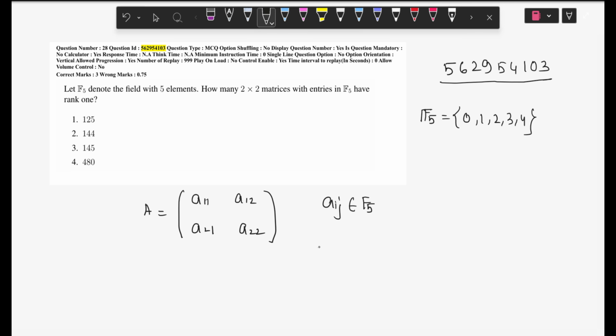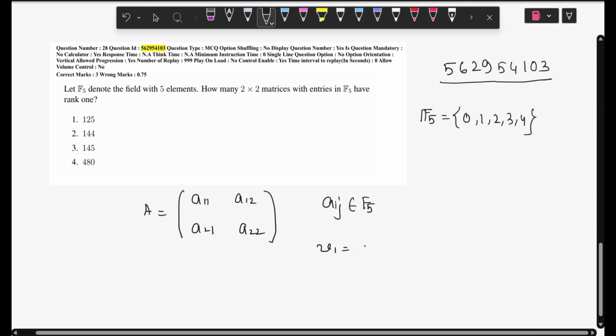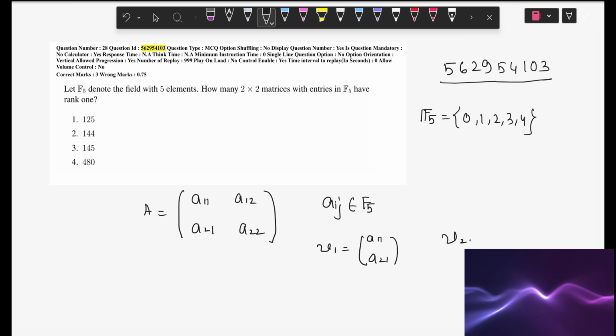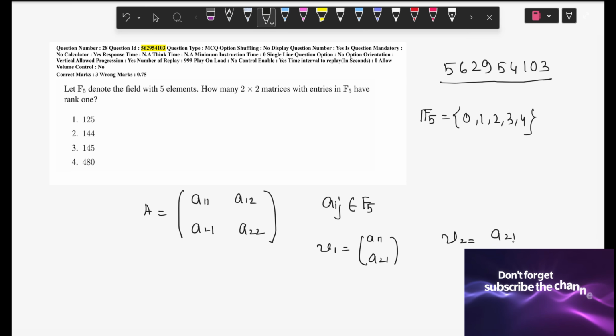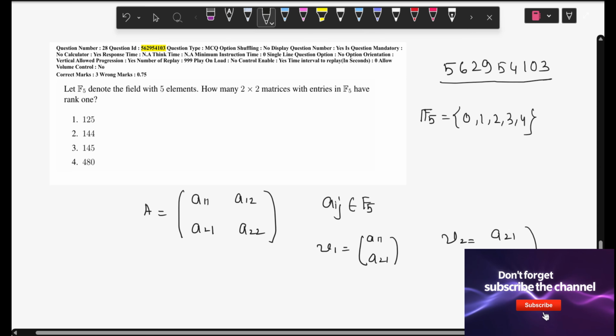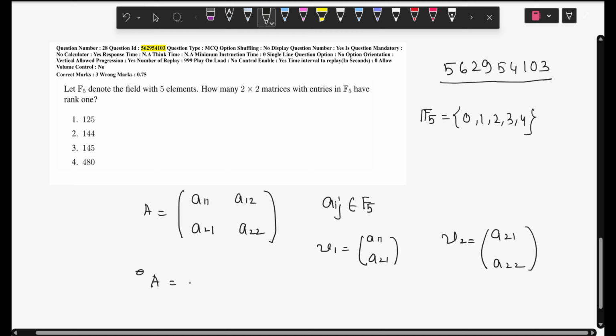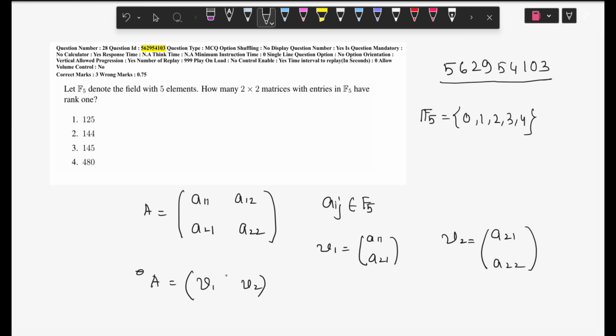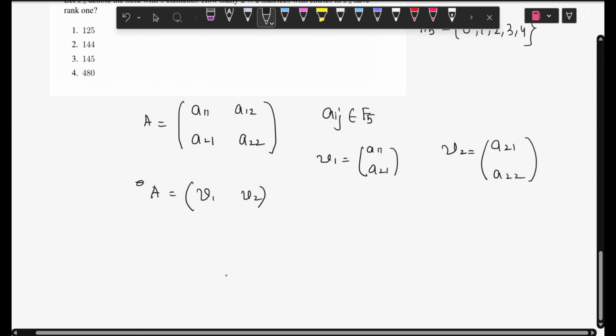So मैं क्या कर रहा हूँ? What I am doing, I am considering V1 is equal to the column vector A11, A21, and V2 is equal to the column vector A12, A22. ठीक है ना? So A is equal to, I'm just writing, A is equal to V1, V2, where V1, V2 are two column vectors. Now rank of A equal to 1, कैसे कैसे रैंक ऑफ ए 1 हो सकता है?